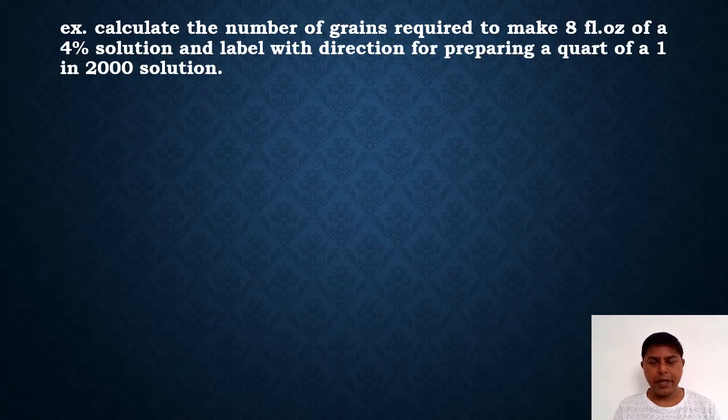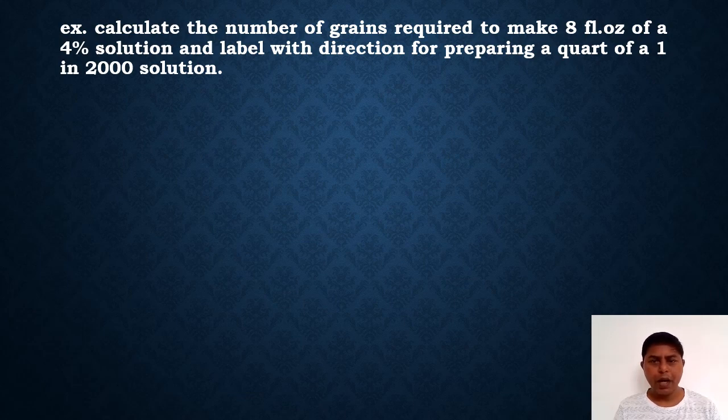Now we'll see the next problem. Calculate the number of grains required to make 8 fluid ounce of a 4% solution and label with direction for preparing a quart of a 1 in 2000 solution. This problem is divided into two parts, with two steps involved.